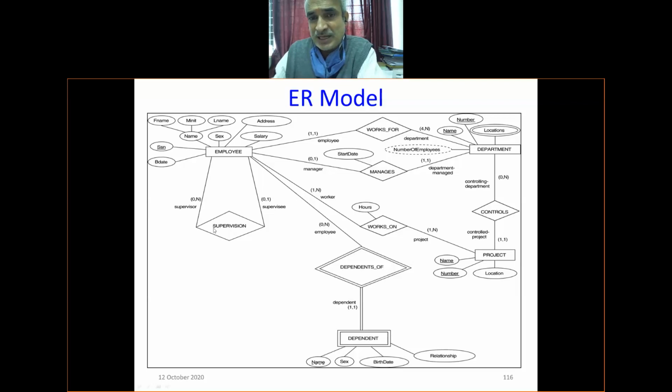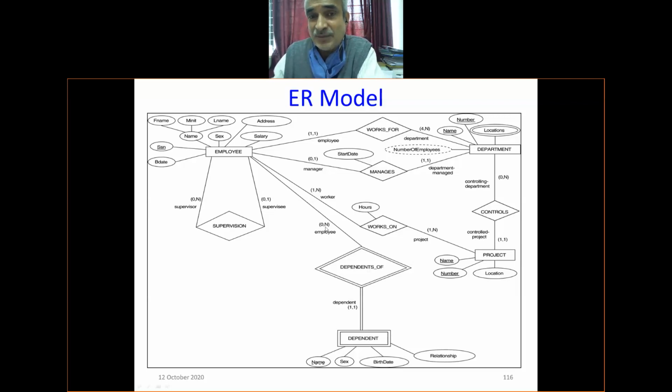Now look at the constraint here, the employee and the dependent. In between, you have dependent of. This is the relation table. When you look at the employee, there may be an employee without any dependent. So that's why the participation of an employee in the dependent of relation is zero minimum, maximum n.